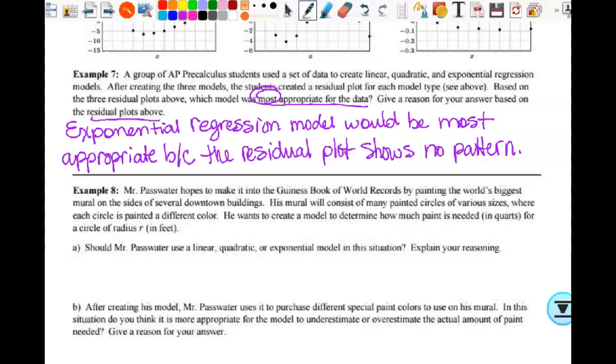I just put, because the residual plot shows no pattern. And whatever you wrote, if you basically said that, then you're good. Okay. Are we good? Any questions?